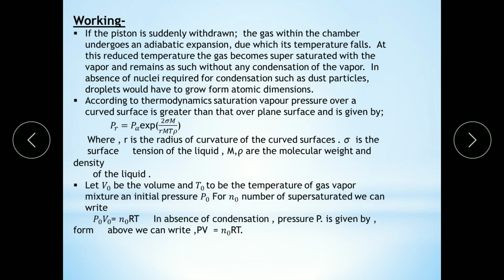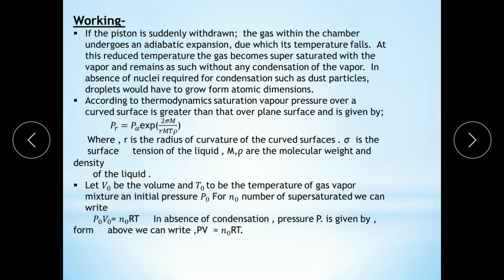At this reduced temperature, the gas becomes supersaturated with the vapor. Now see here, at this reduced temperature means when the piston is suddenly withdrawn, the gas chamber goes under adiabatic expansion, means the volume of the gas changes from V to V plus dV and the temperature is reduced.